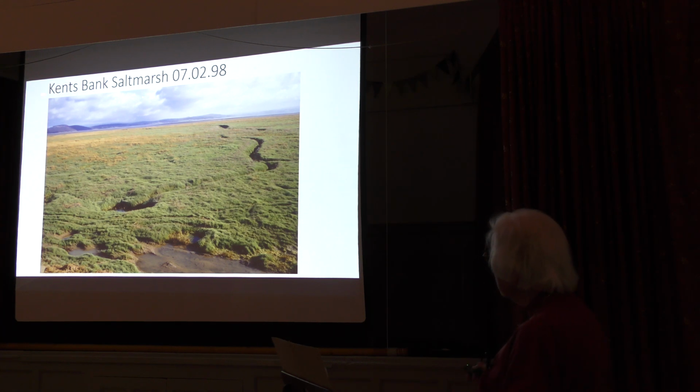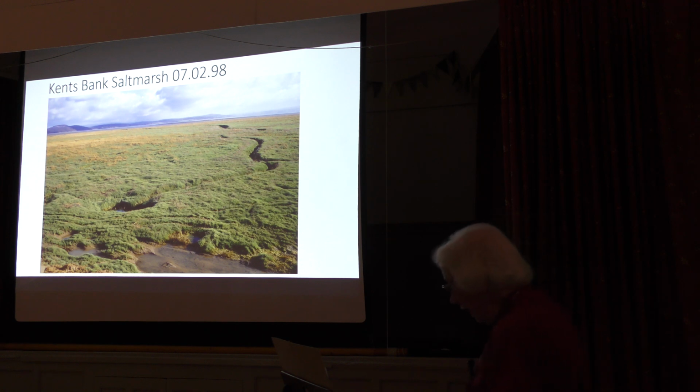Still a little bit of Spartina, showing in its sort of winter yellowy gold colour, but quite a lot of other grasses coming in the succession. So that's 98.